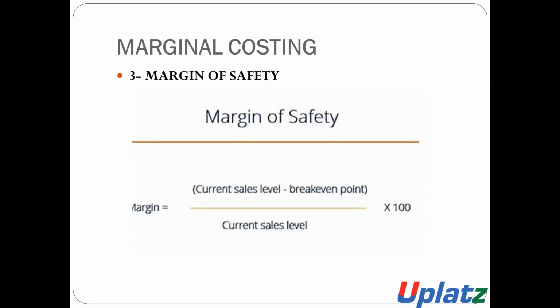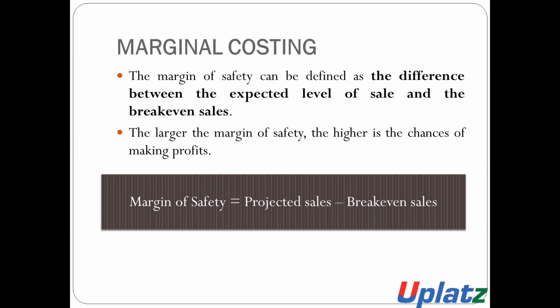Now we will discuss margin of safety. What is the margin of safety and what is the formula? The margin of safety can be defined as the difference between the expected level of sale and the break-even sale.